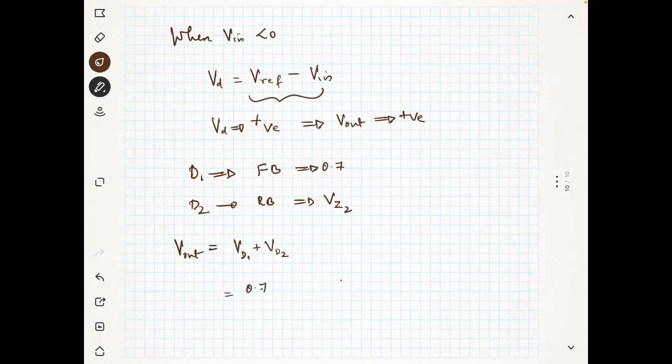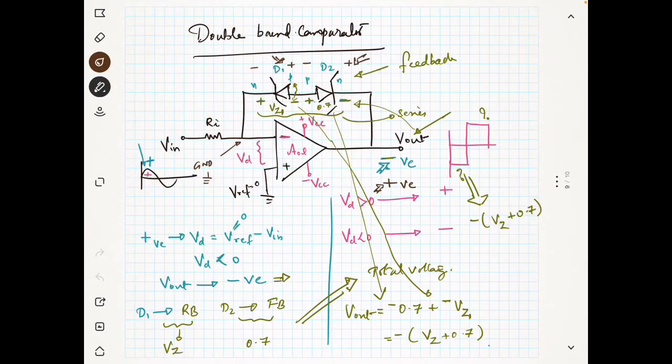So V out is equal to Vz2 plus 0.7. So that is the output. So this is the idea. I believe that this problem is clear to you.